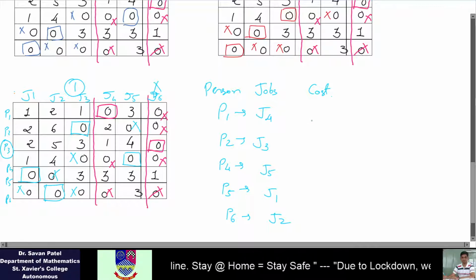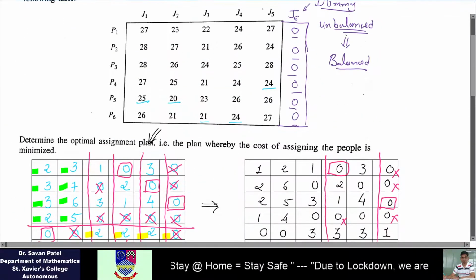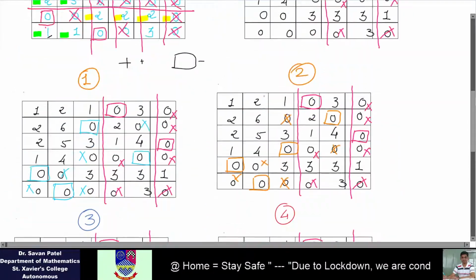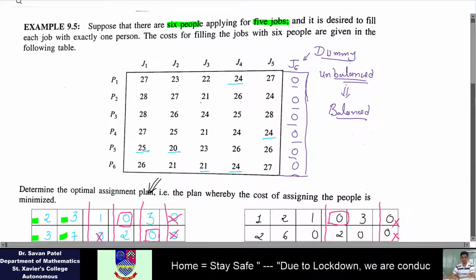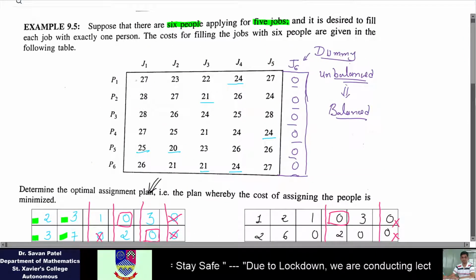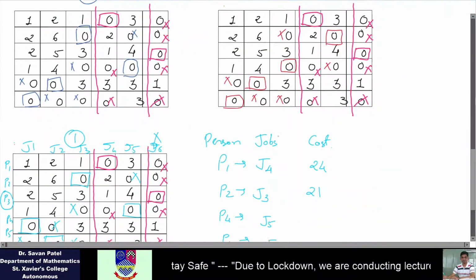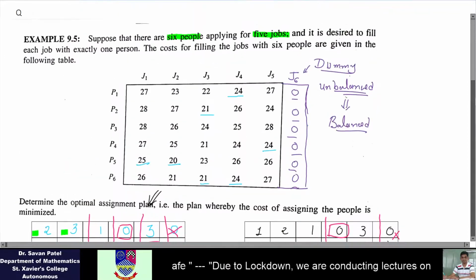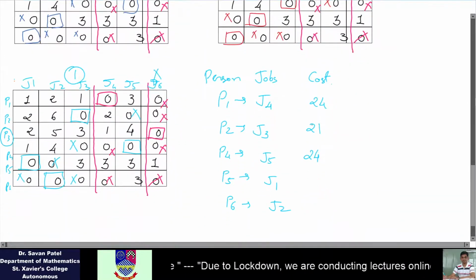So P1 to J4, the cost was 24, and P2 to J3, that is 21, P4 to J5, that is 24, P5 to J1, 25, and lastly P6 to J2, that cost is 21.